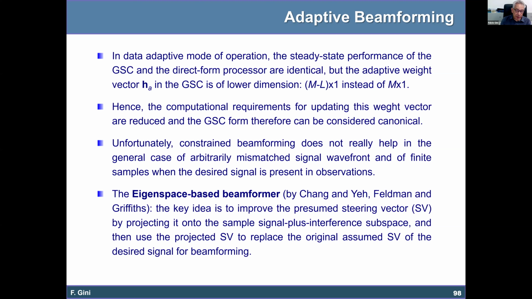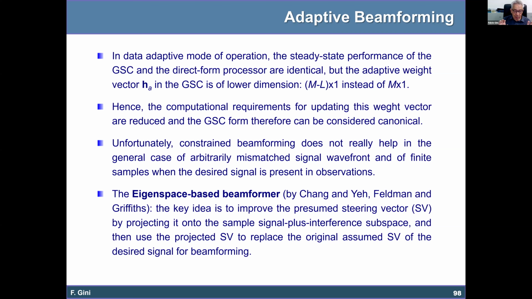And why is it more efficient? Because basically we separate the non-adaptive from the adaptive part of the beamformer, and because the adaptive part has size smaller than m, actually it is m minus L, where L is the number of constraints.